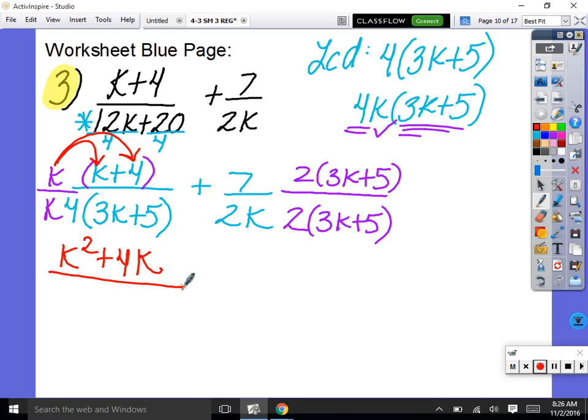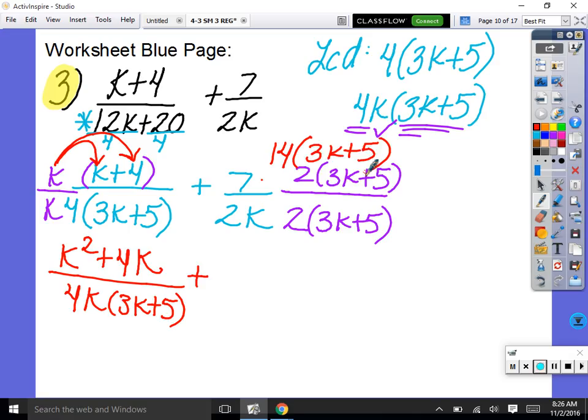Even though it doesn't matter, isn't 4K the more appropriate way to write K times 4? In math we always write it as 4K. So 4 times K times 3K plus 5. Okay, so then we have plus. Now people get thrown off by this. They say, what do I do here? Let's just multiply 7 times 2 first, so we're taking 14 times 3K plus 5.